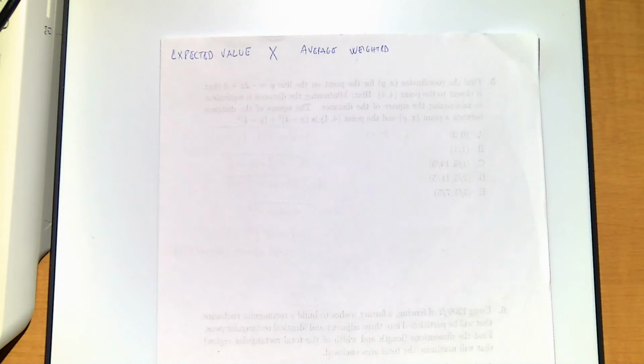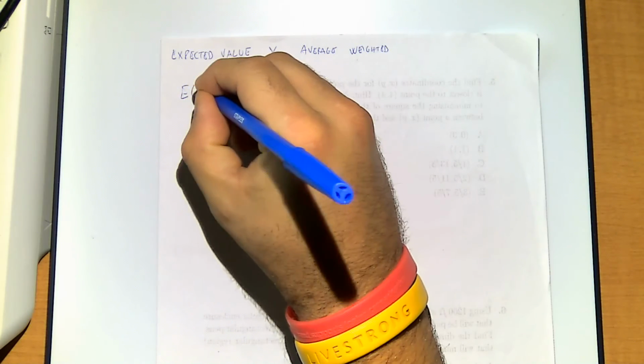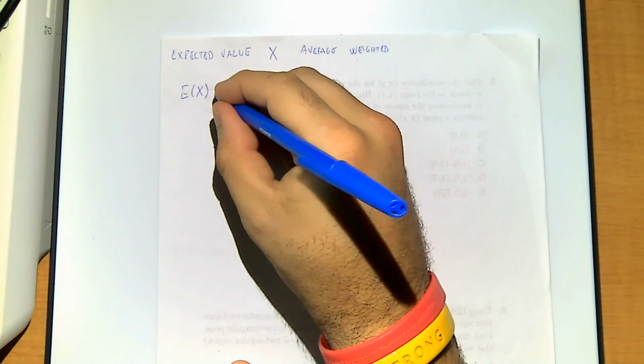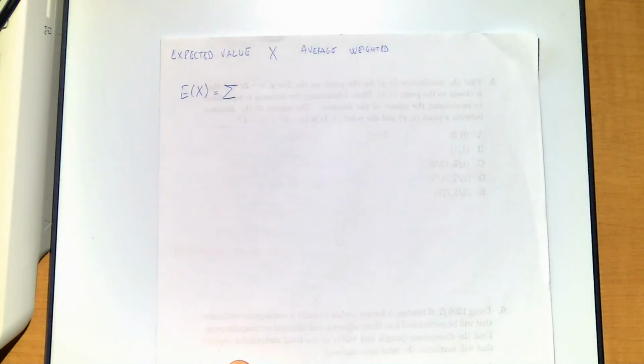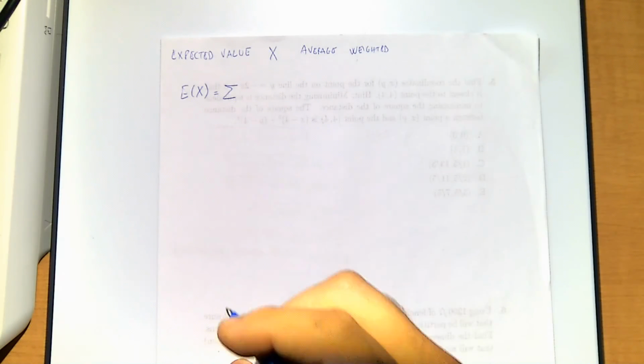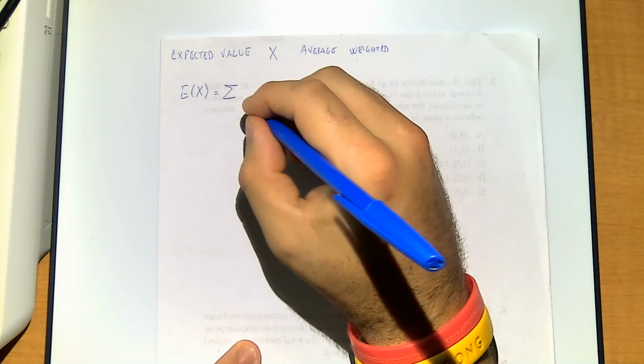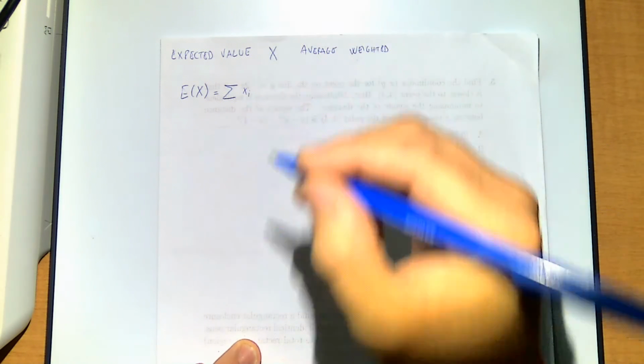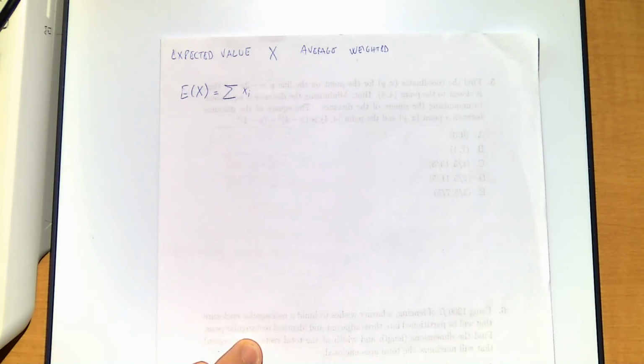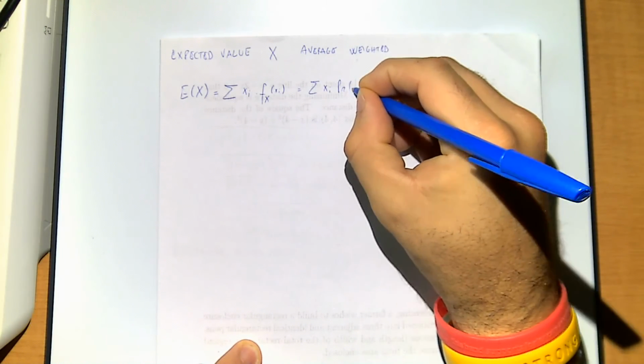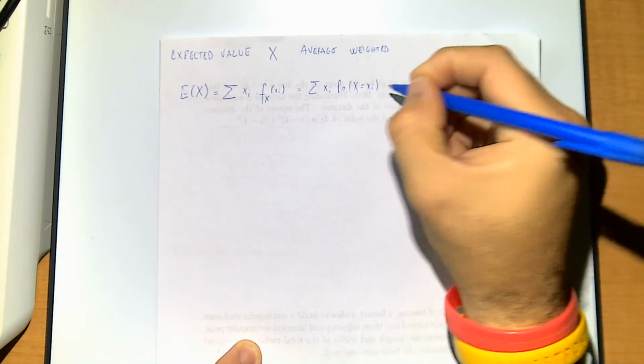So let's define this clearly. This is defined as a quantity E of x, which is the sum. Of course, as I said, we're doing an average. So it's the sum of xi, which is the value that the random variable can take, times fx of xi. Why fx? Because this is the same as the probability of x being equal to exactly that.